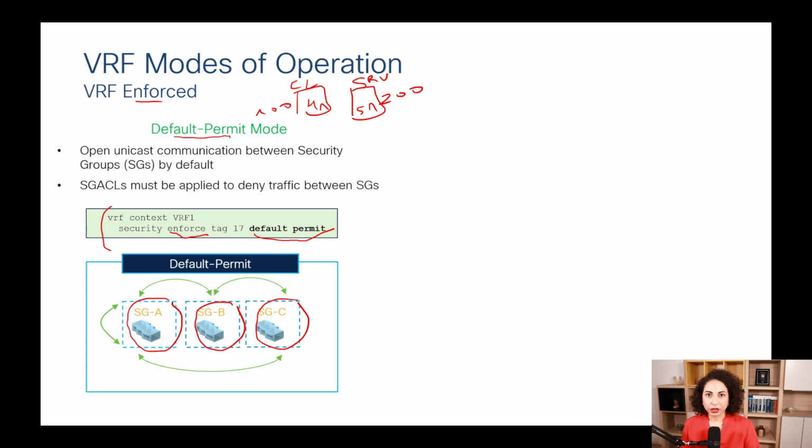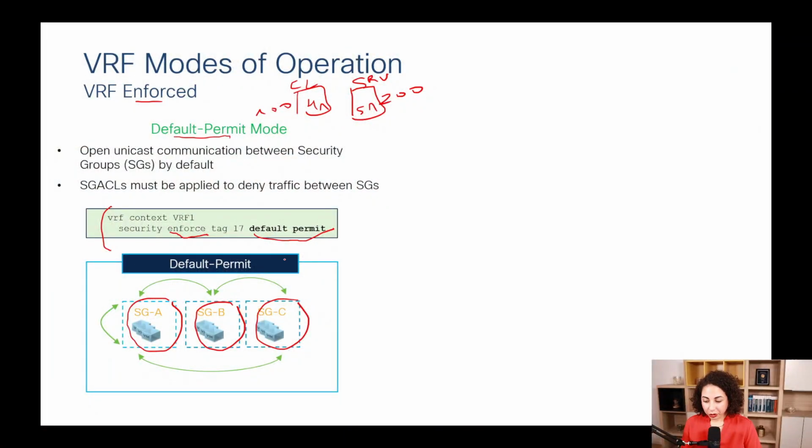So all the security groups can implicitly speak with each other with absolutely no limitations. So again, with the enforced default permit, we are creating our security groups, and as long as we did not define a specific contract for what we should do with those security groups, they can communicate freely through classic routing and switching.